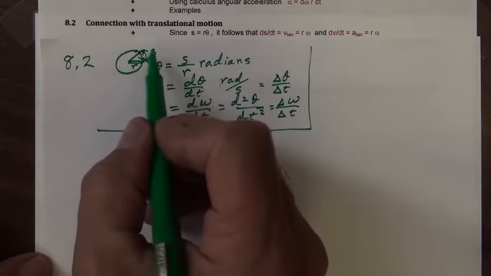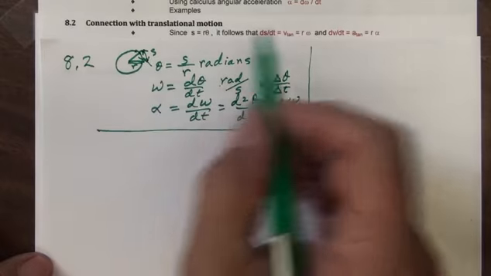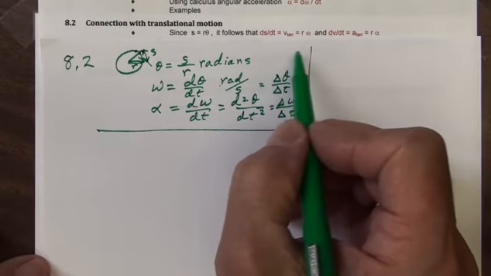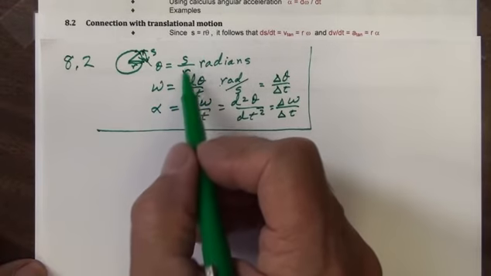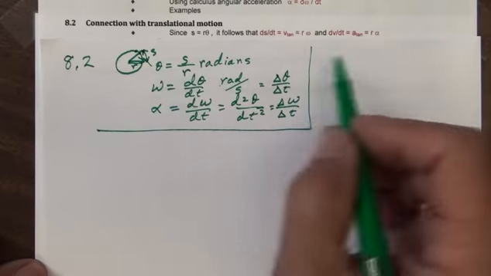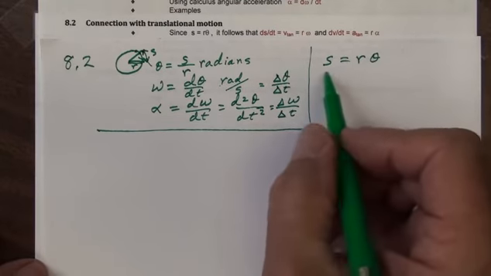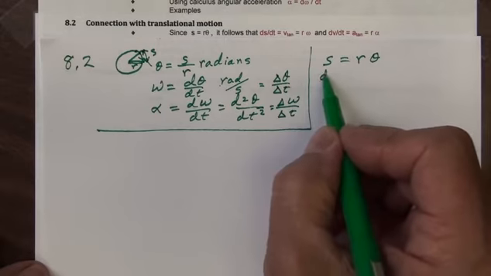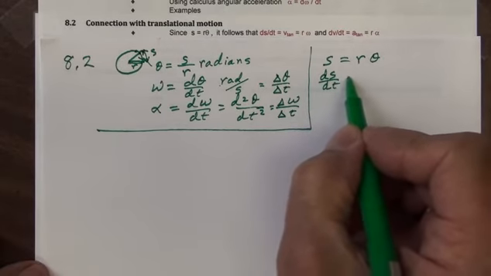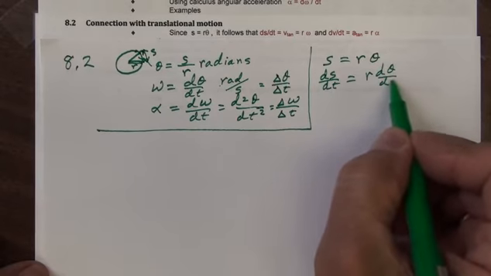And the first thing that we notice is that this distance S along here can be thought of as R times theta. So we're going to take S as being R times theta. And now we're going to take the derivative of both sides. So ds dt, since R is constant, is R d theta dt.